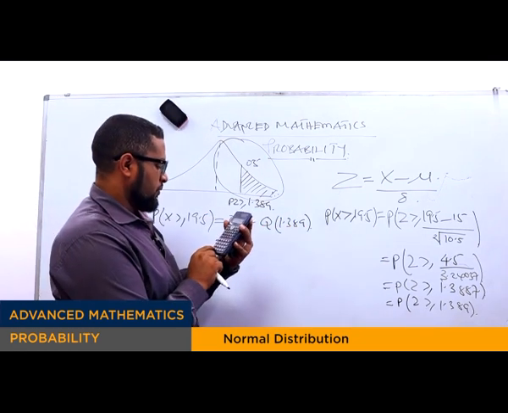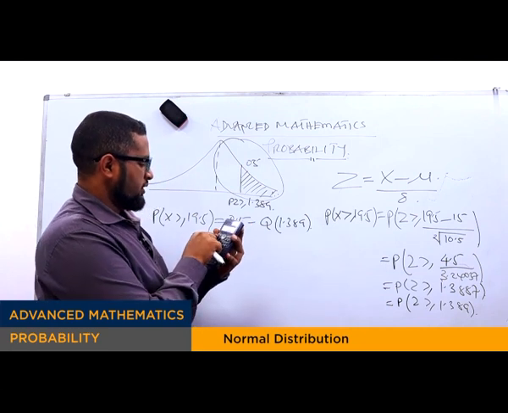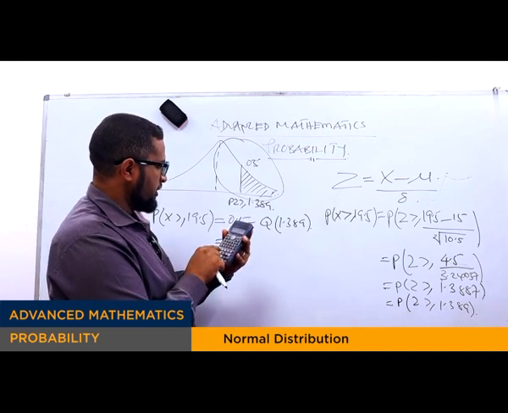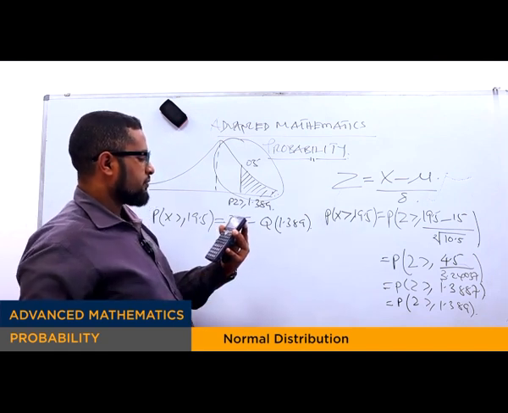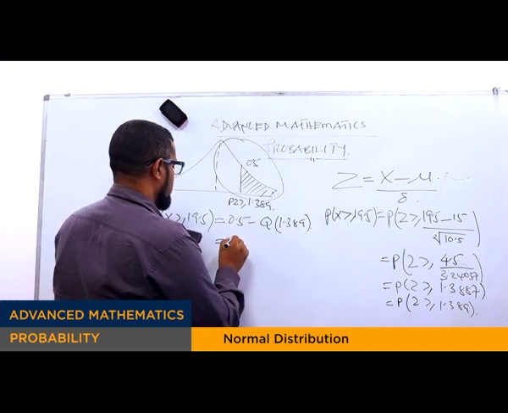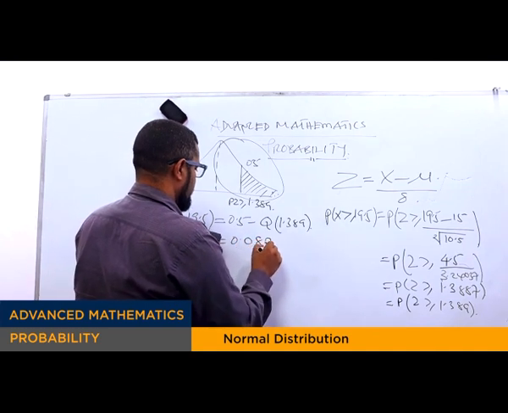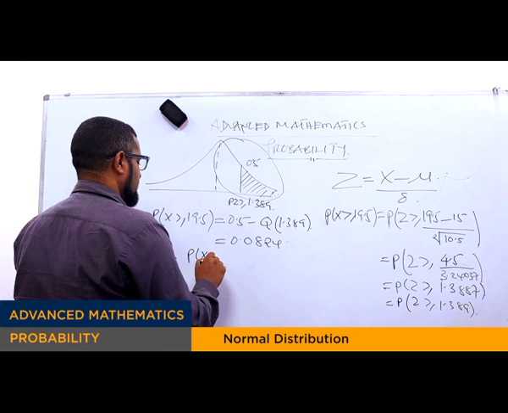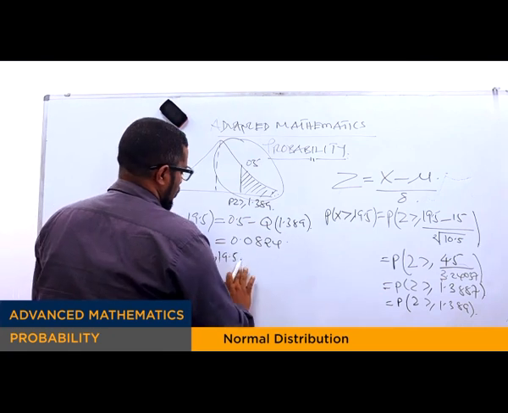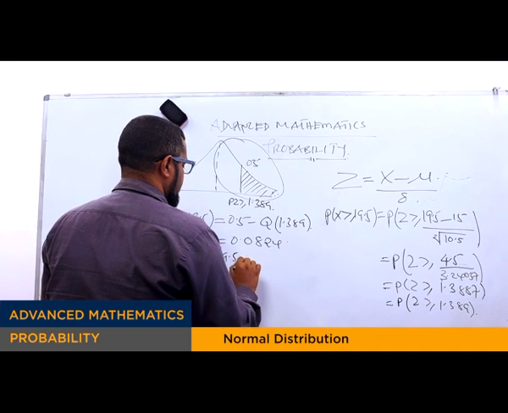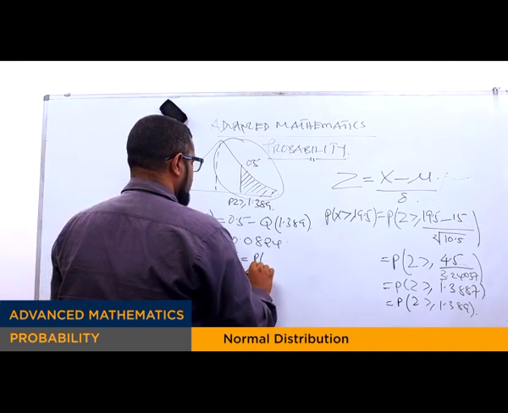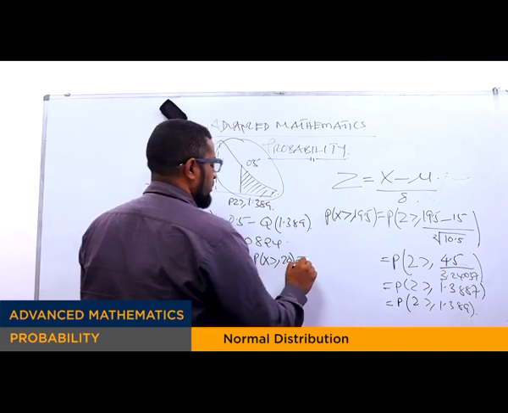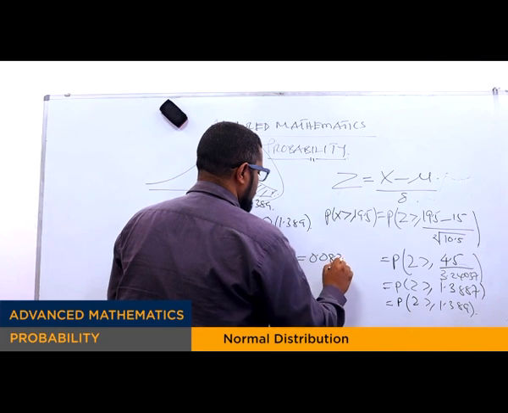So it is 0.5 minus shift distribution 2 of 1.389. So you will get 0.0824. So therefore, probability of X greater than 19.5, which is the same as saying probability of X greater than or equal to 20, is 0.0824.